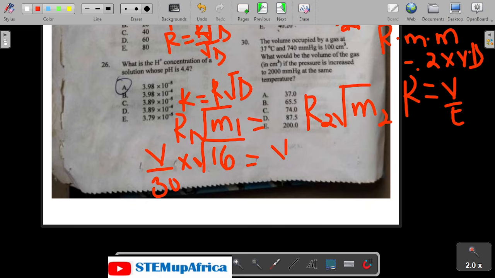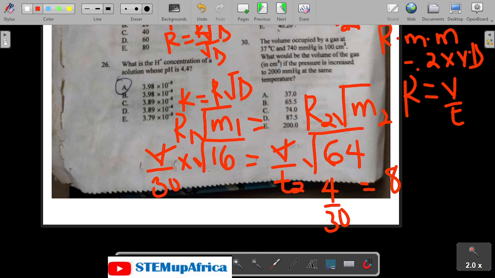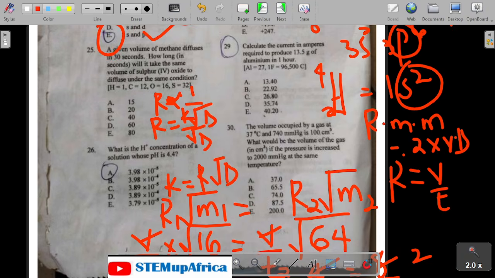Rate 2, I will have the same volume over the time, which I don't know. The molar mass of sulfur oxide is 64. So volume can cancel volume. So I'm having 4 over 30 equals 8 over T2. So just cancel this, I'm left with 2 here. So my T2 is simply 30 times 2. That will give us 60 seconds, which is option D.